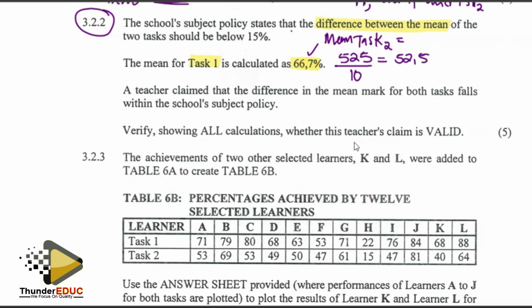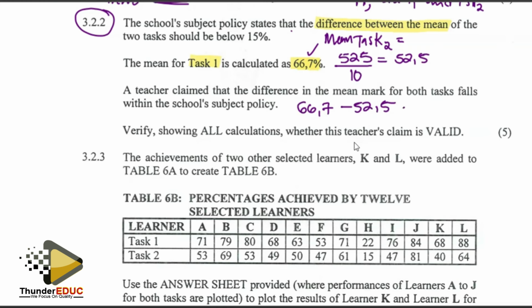So what do we go for? The difference, which is subtraction. So we need to subtract 66.7 minus 52.5. So here the answer becomes 14.2.